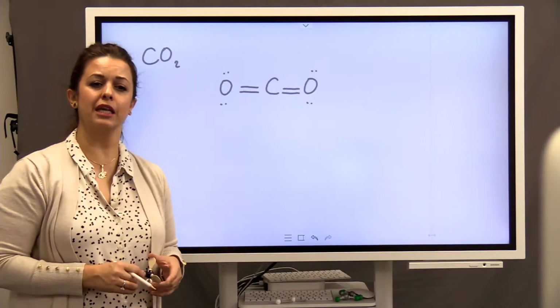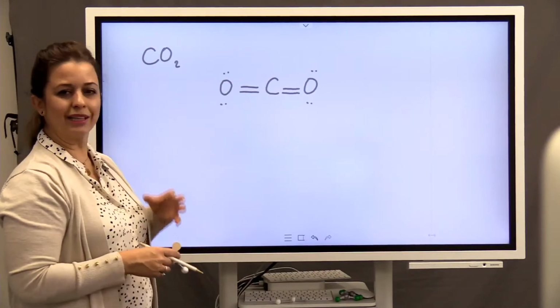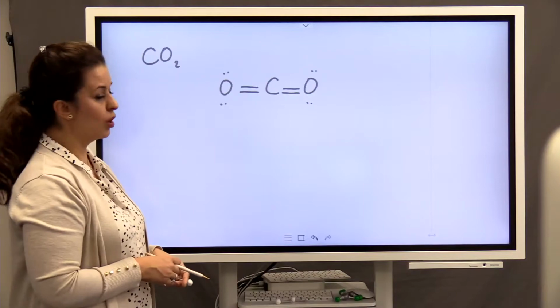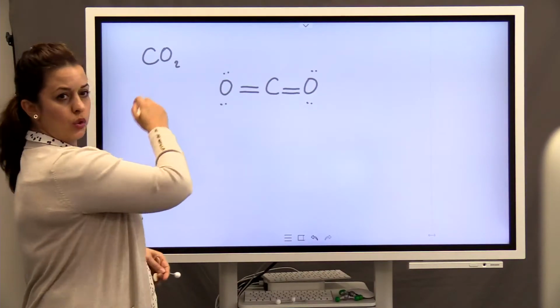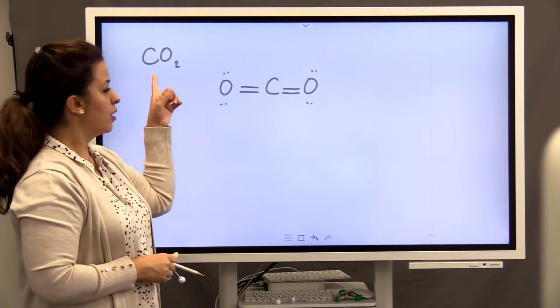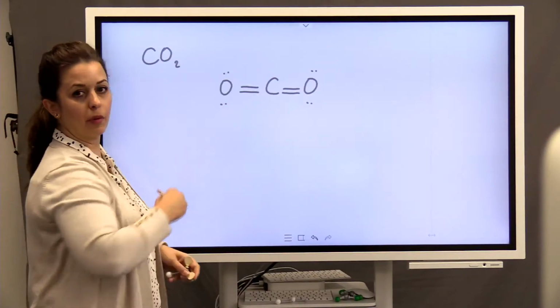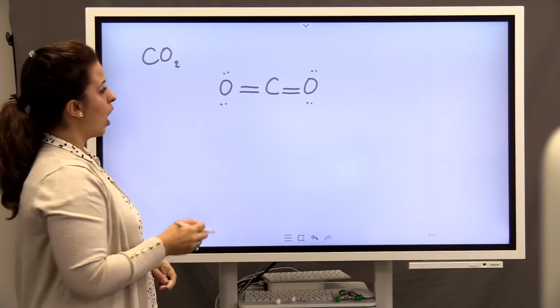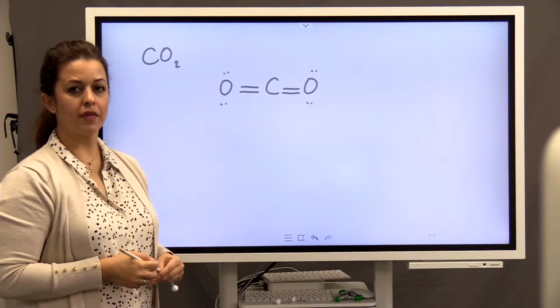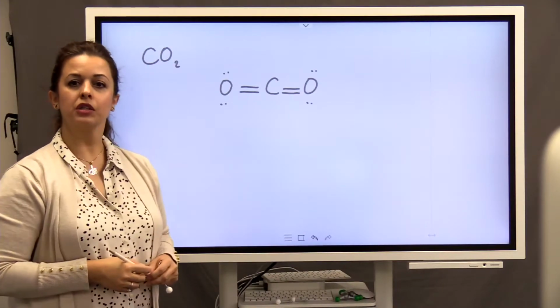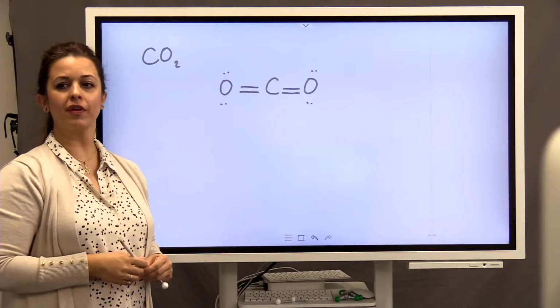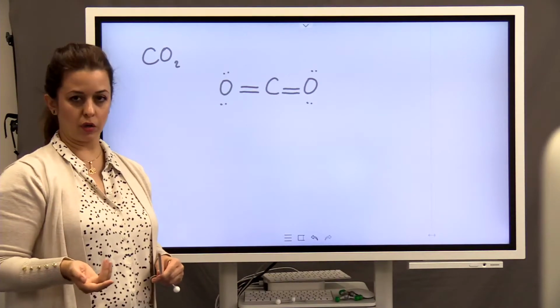The very last thing in this part, in this theory, that I would like you to know is that you draw the structure for carbon dioxide and you had two double bonds, right? I want you to know that double and triple bonds don't have any role in the shape of the molecule.